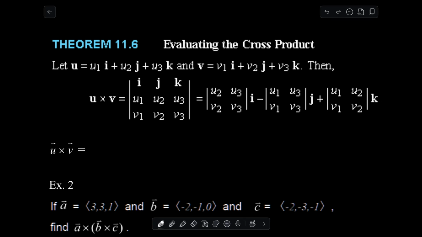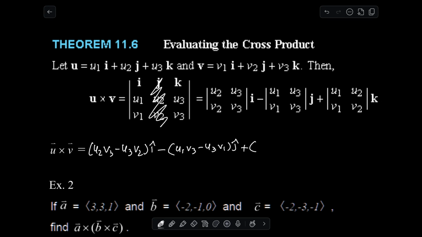So let's just say we have this, right? So we can just ignore this for now. We're going to have u2 v3 minus u3 v2 i hat. Perfect. Then we can ignore this right here. Let me do minus u1 v3 minus u3 v1 j hat plus, let's get rid of this now because we need to use this for the k hat component.